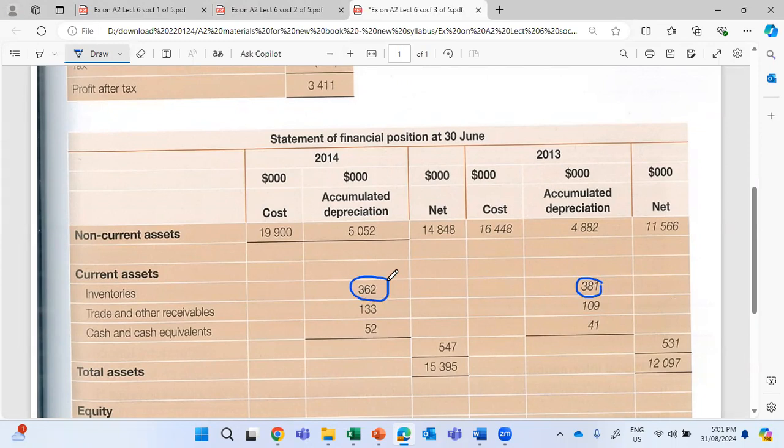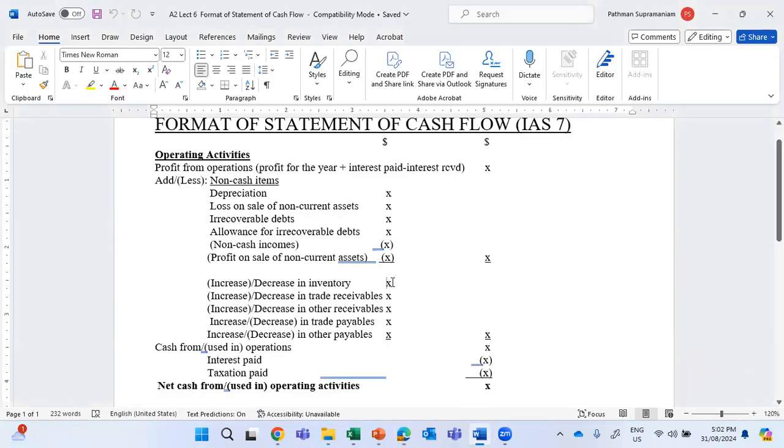So during the year, inventory has decreased from 381 to 362. The difference, 381 minus 362, is 19,000, which will be recorded here as positive 19,000. That's how you detect the increase or decrease. If two years of SOFP is not given, then the question will spell it out for you whether inventory has decreased or increased.